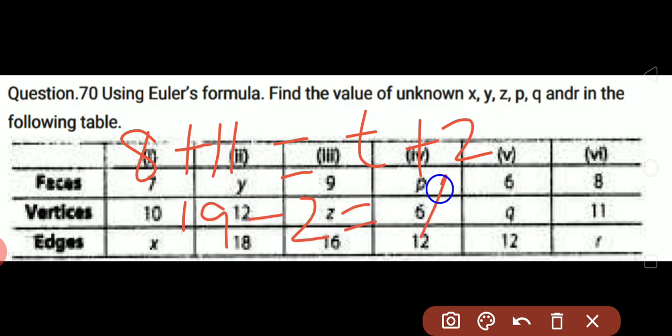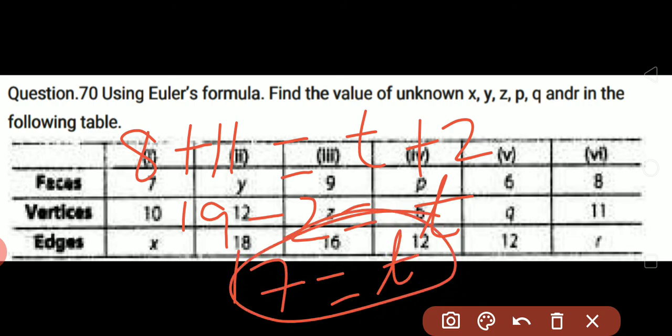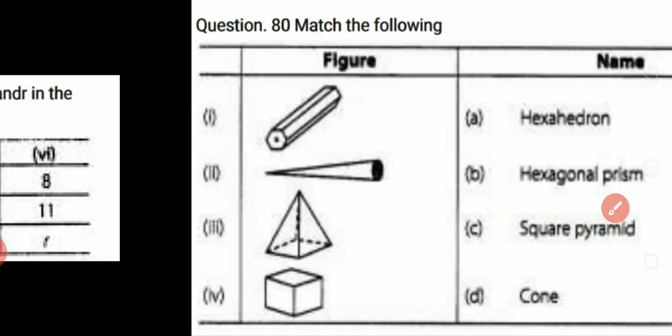Come to the last part. F is 8, vertices 11 equals t plus 2, edges we have been given t, so 11 plus 8 is 19. You know that when you transpose 2, it becomes minus 2, so t is equal to 19 minus 2, which is 17, so the value of t is 17. So this is the solution.